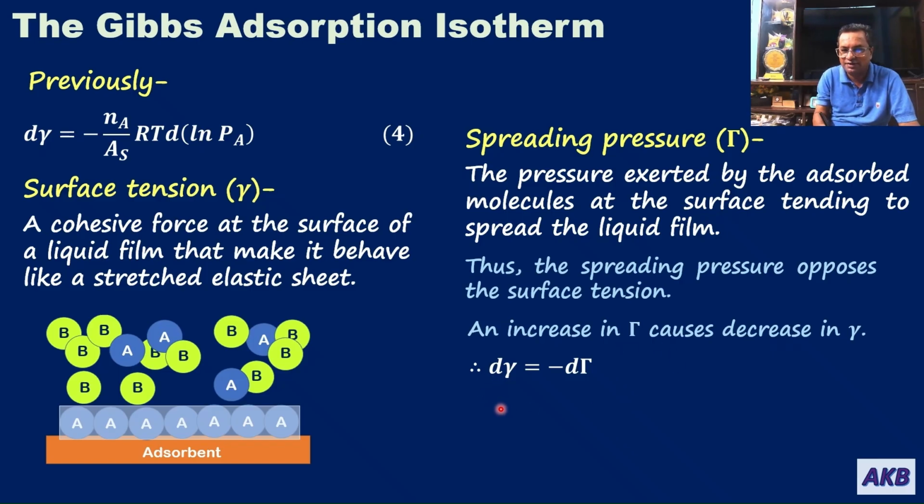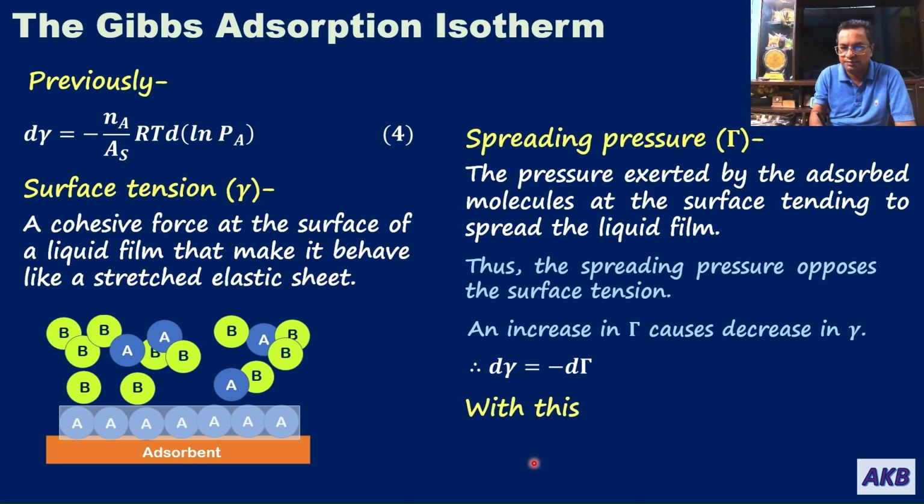So that's why they are related. An increase in capital gamma, that is the spreading pressure, causes a decrease in small gamma, the surface tension. So they are related by this equation: d small gamma is equal to minus d capital gamma. I hope you are understanding it. If you have any doubt, you can mention that in the comment section.